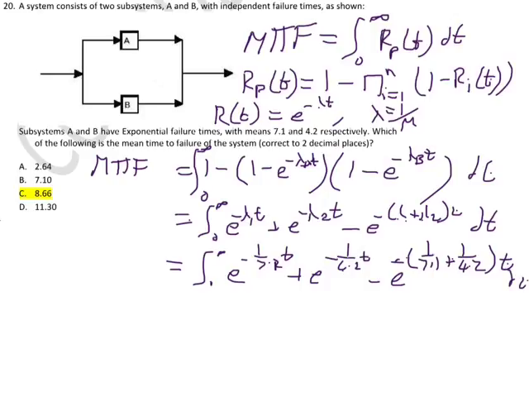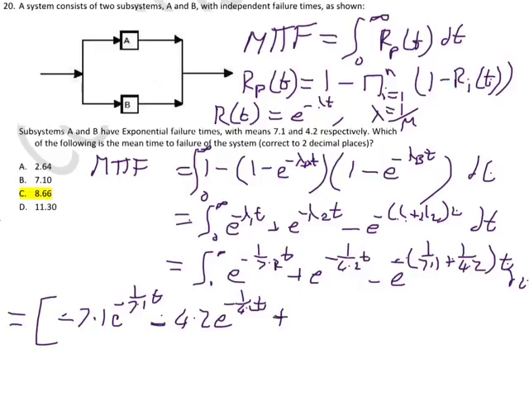So bringing it all over here, let's get our big bracket out. Now we're going to be multiplying by that, so we just bring it out in front. It's going to be equal to minus 7.1 e to the minus 1 on 7.1t, plus, minus 4.2 e to the minus 1 on 4.2t, and then this is going to be plus. If you've forgotten how to integrate these so easily, try differentiating what I've just done.